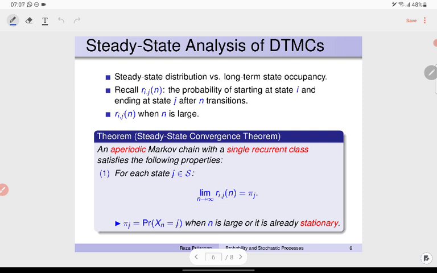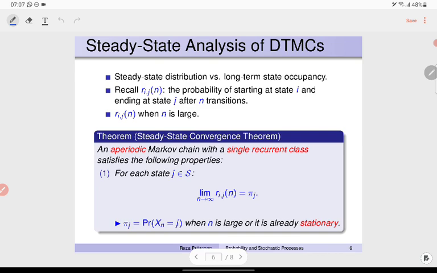Namely, we just call this pi_j. We usually use pi to denote the state occupancy probability at a particular time. Now we take out the time because we think that this happens after infinity, or once it is stationary. So pi_j is the probability of X_n equal to j when n is large and is already stationary, or we are already in an equilibrium.